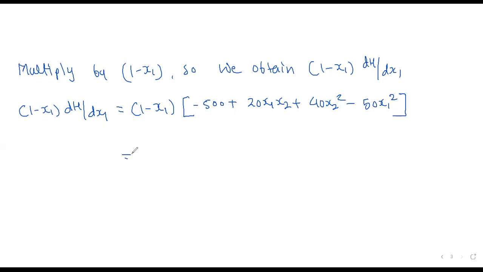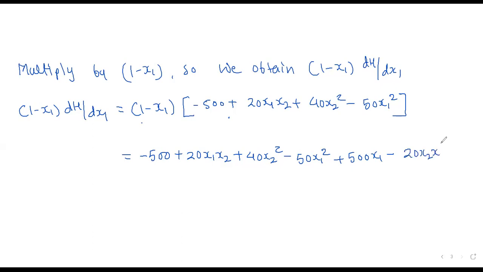Okay, so once I do it, first we multiply by 1 and then we multiply by x1 here. So minus 500 plus 20 x1 x2 plus 40 x2 square minus 50 x1 square, minus minus plus 500 x1 minus 20 x2 x1 square minus 40 x2 square x1 plus 50 x1 cube.